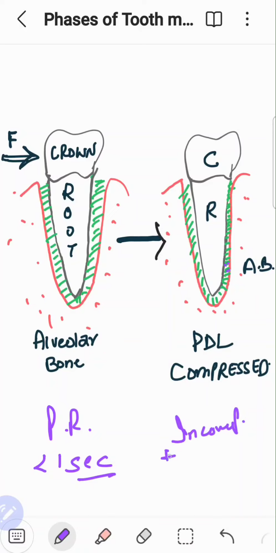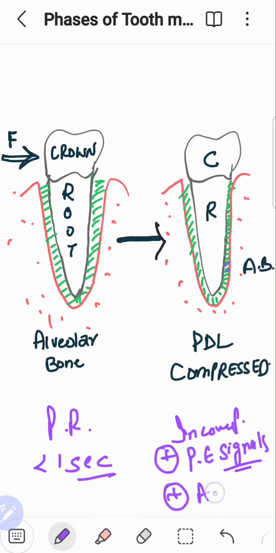But certain piezoelectric signals are generated, and those signals lead to the initiation of alveolar bone bending. We have discussed this in detail in the lecture on the biology of tooth movement. So that is seen in the initiation phase in less than 1 second.